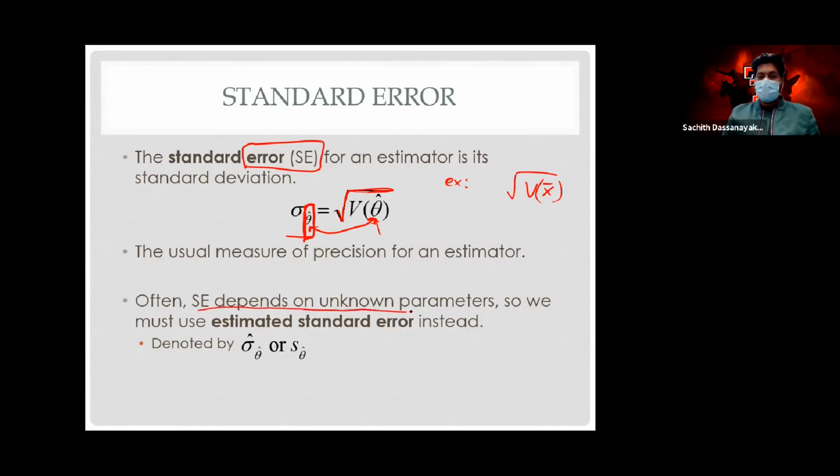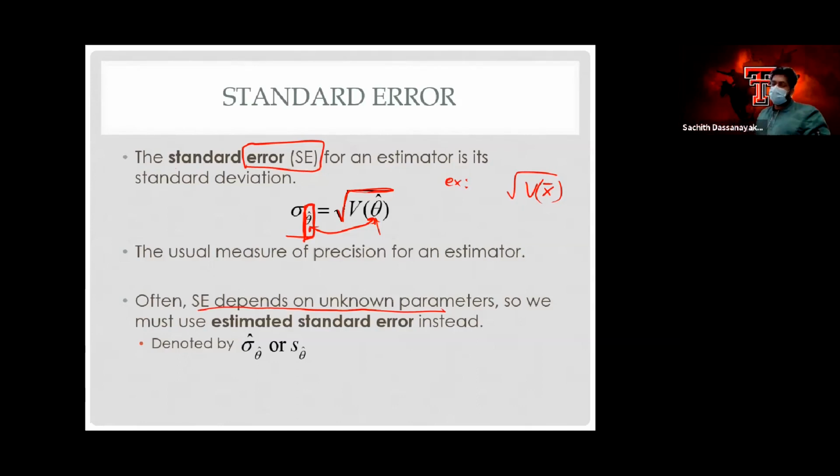Most of the time, the standard error depends on unknown parameters. Let's say x bar. X bar depends on n, like summation xi over n, right? So n is a parameter. We don't know the value of n. There is no fixed value for n, right? We can pick 100, 500, something like that.